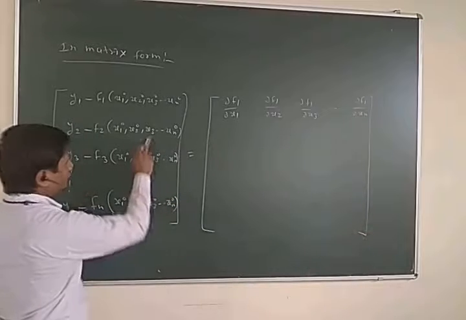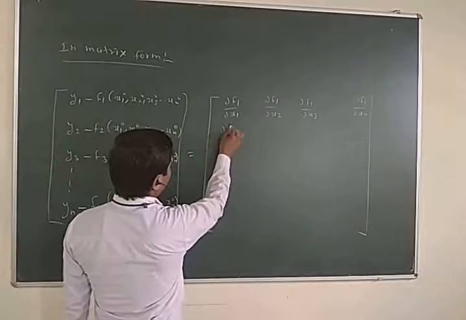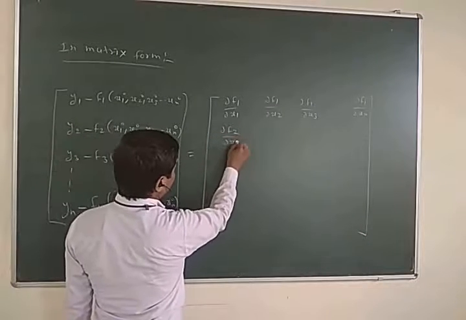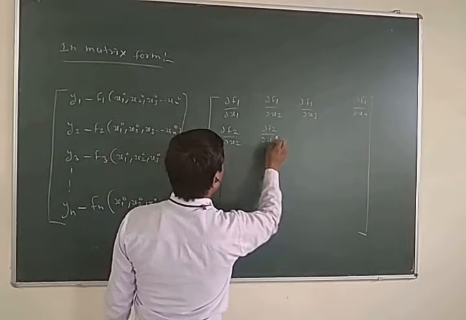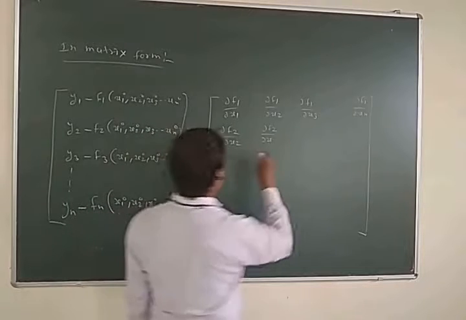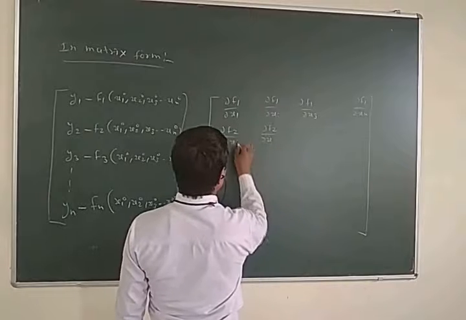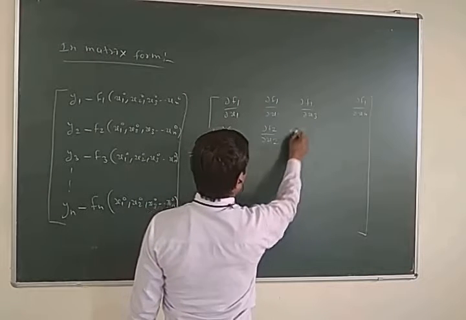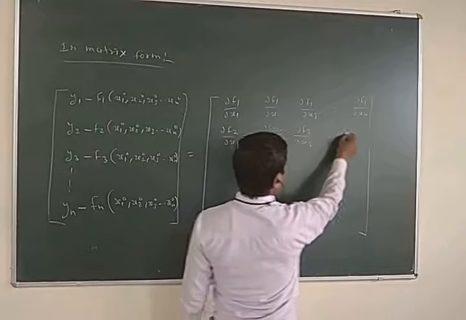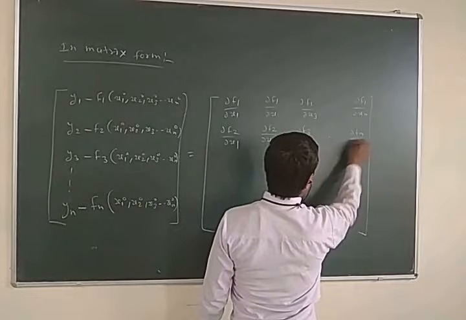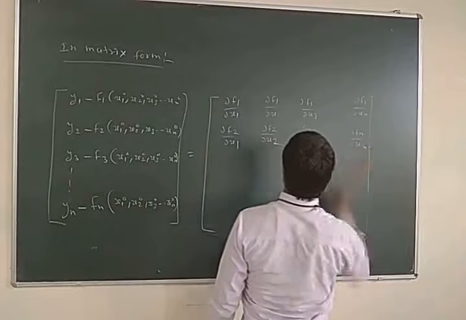Similarly, for y2 it is del f2 upon del x1, del f2 upon del x2, and so on up to del f2 upon del xn.